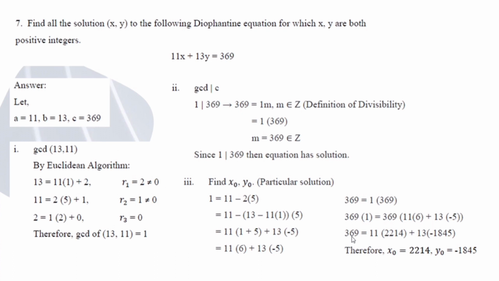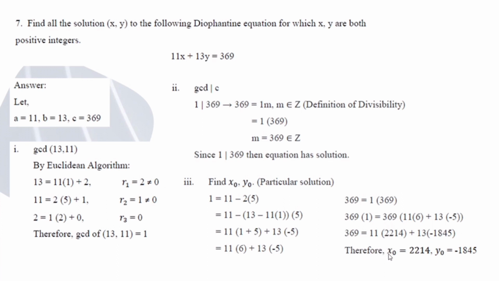Same goes to the below step. 369 is equals to 11 times 2214 plus 13 times negative 1845. We still get 369.